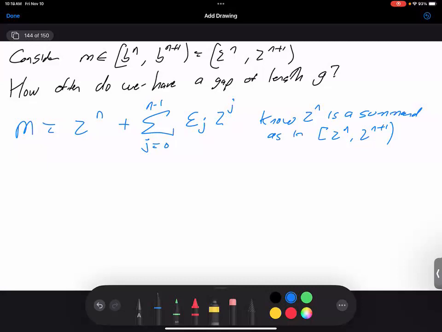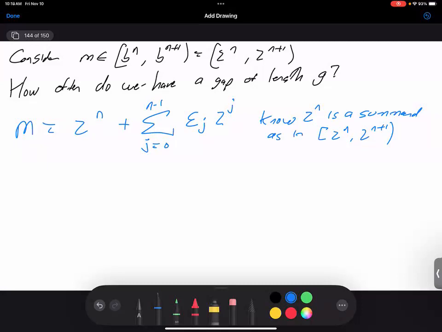If you want a very large gap, you would want to have few summands. But if you want to have a lot of gaps, the more summands you have, the more gaps you have. The number of gaps is one less than the number of summands. So just because my number is larger doesn't mean it has more gaps.